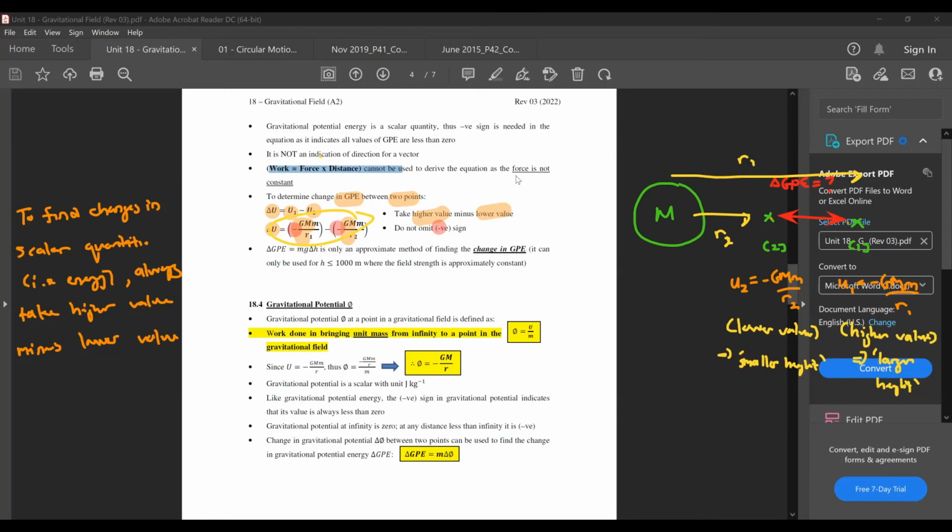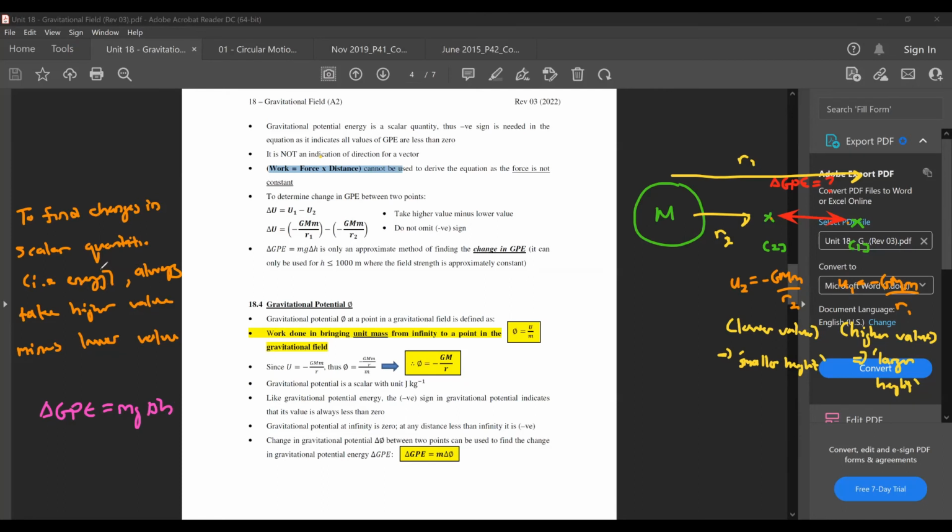Now you may be wondering also, last time in AS, we found change in GPE between 2 points by using the equation mg delta h, right?